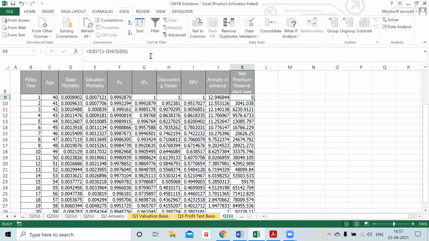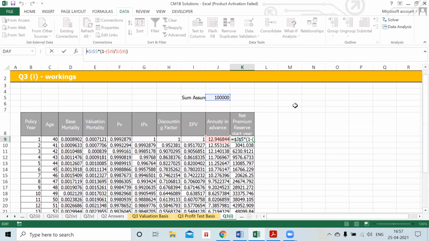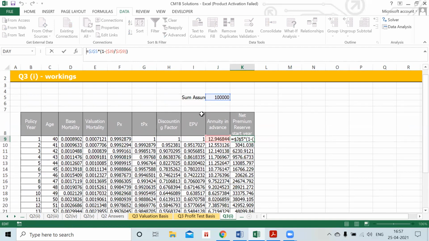And then the net premium reserve is nothing but the sum assured into 1 minus the annuity in advance, which is not fixed, divided by the fixed one. If you remember this formula of the net premium reserve approximation, which we follow in theory as well, this is the same formula: S into 1 minus a-due at x plus t, for x+1 to n minus 1, divided by a-due at x:n.